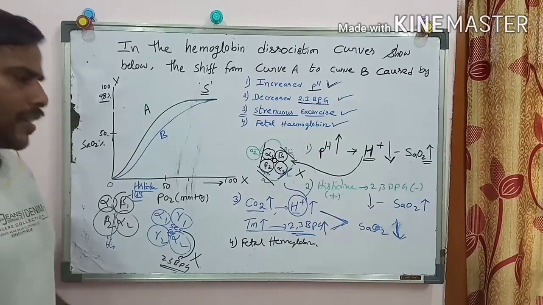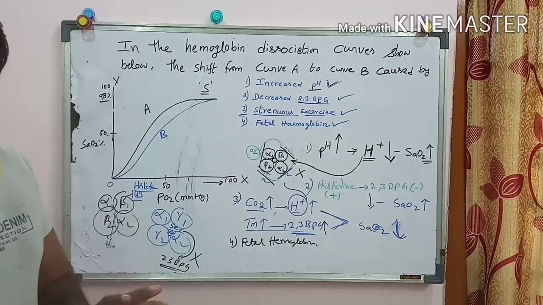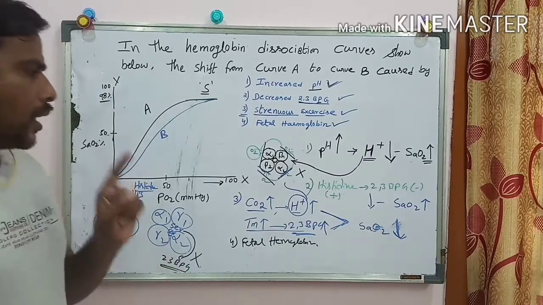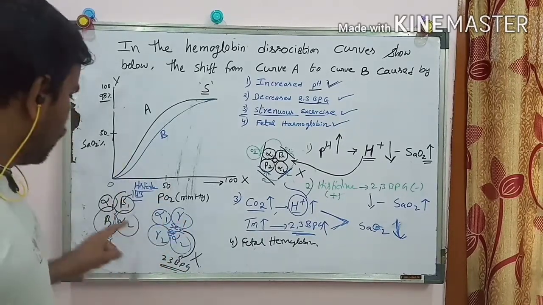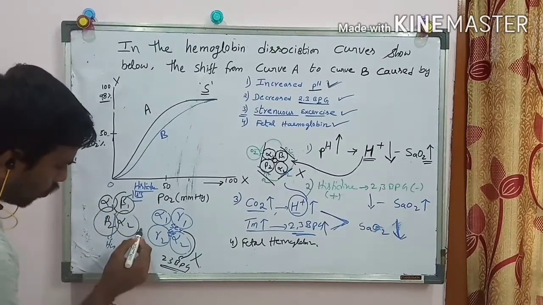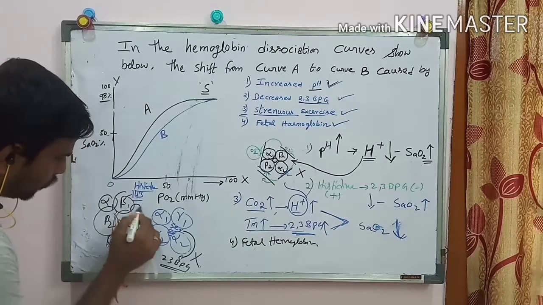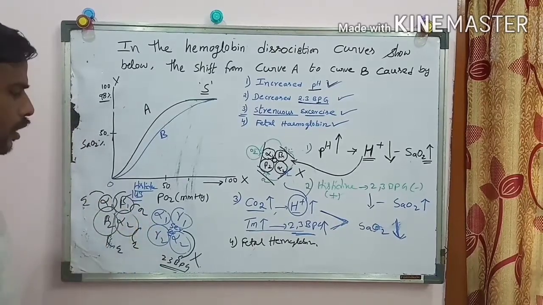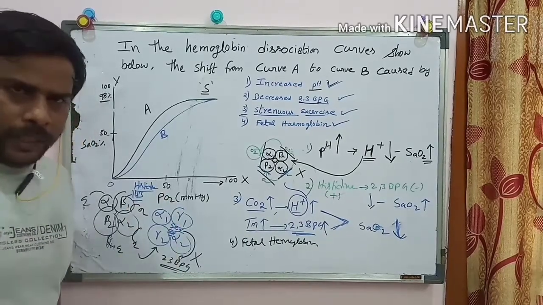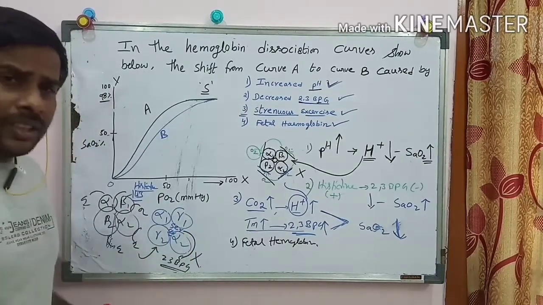Even so, you see, in the placenta there is more 2,3-BPG. So in that case, what happens? That 2,3-BPG can interact with the hemoglobin of the adult, so that it can release more oxygen at the placenta. So that oxygen can be collected by the fetal hemoglobin, which has gamma subunits.